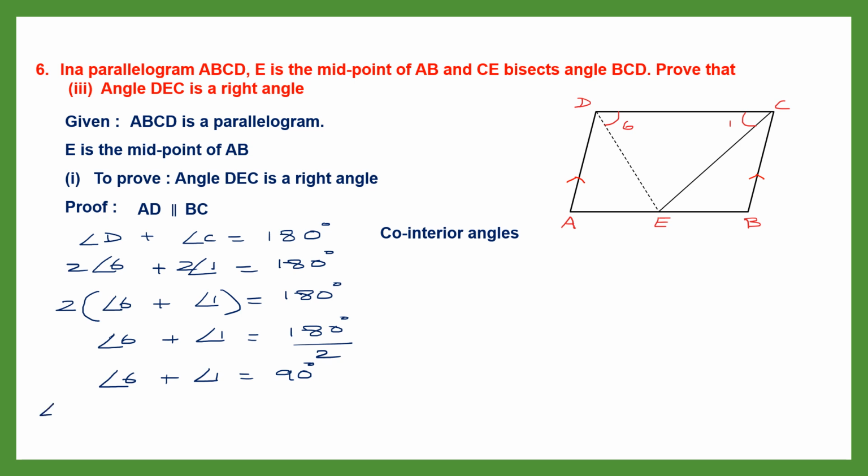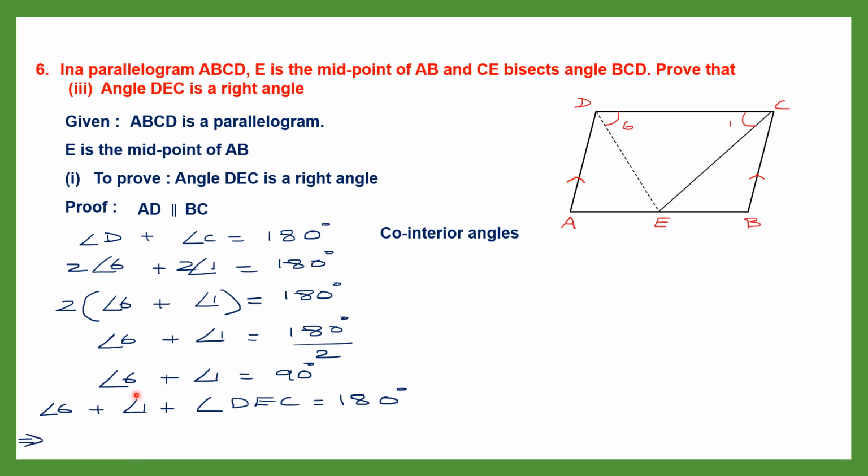Angle 6 plus angle 1 plus angle DEC. Together, they form the three angles of this triangle DEC, and will be equal to 180 degrees.